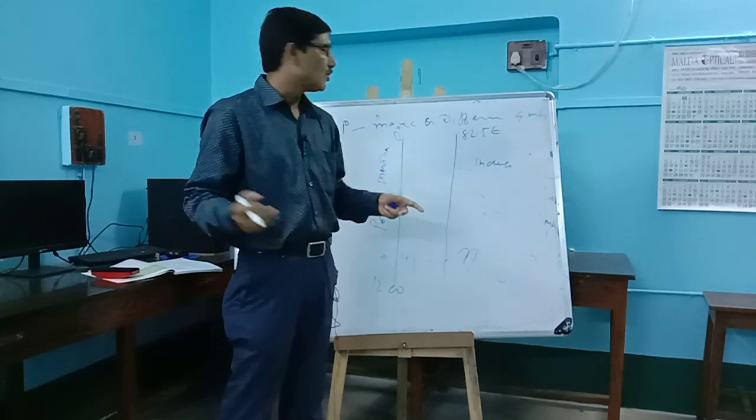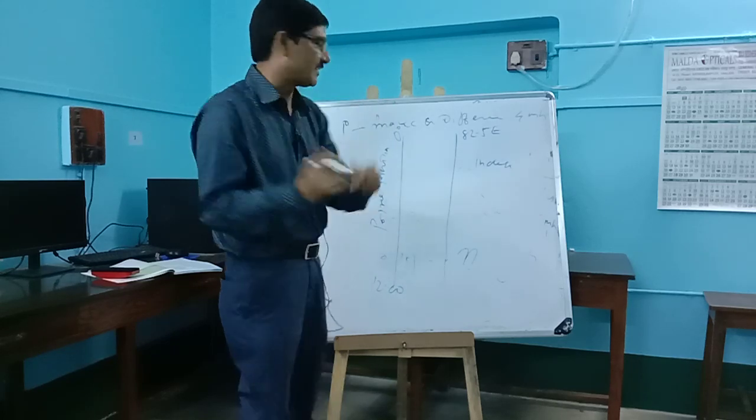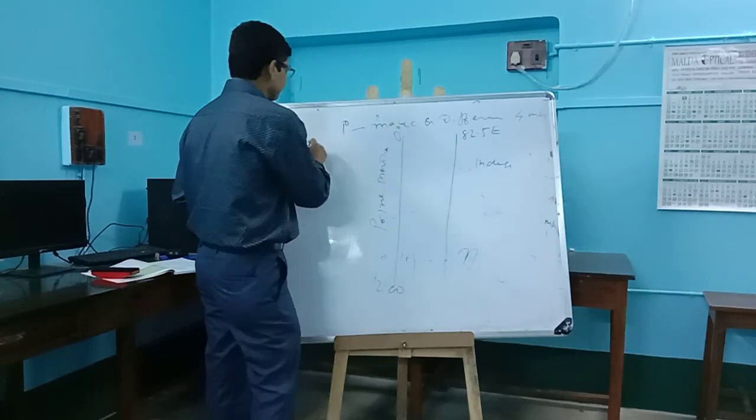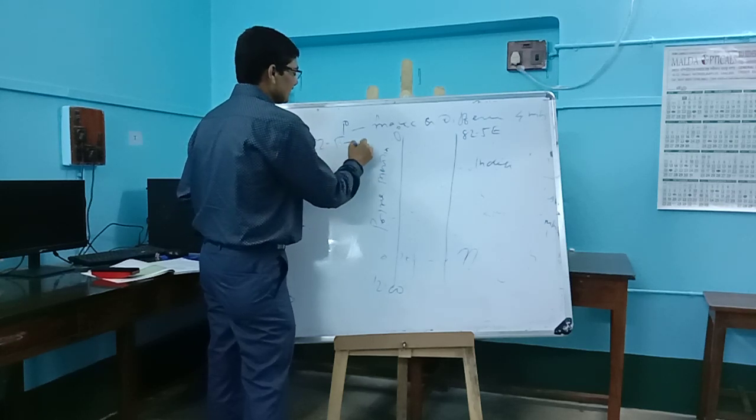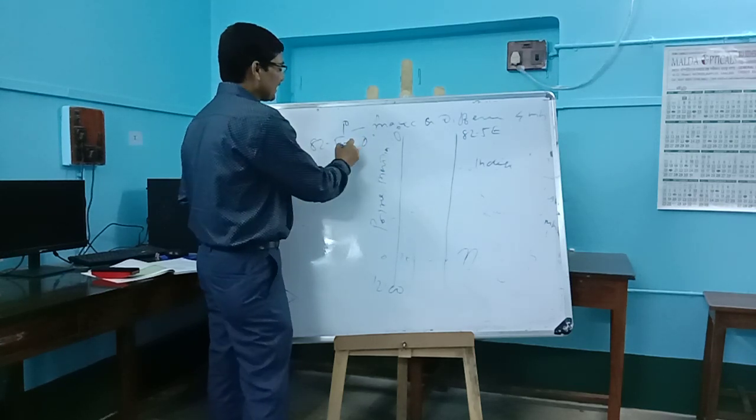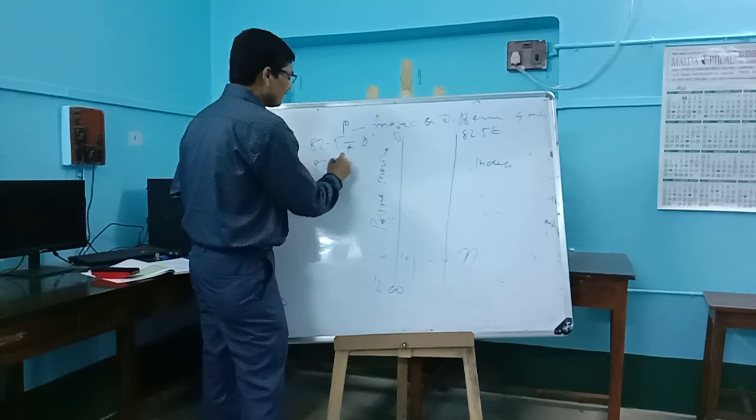Very simple. What is the longitudinal difference? 82.5 minus 0, that means 82.5.